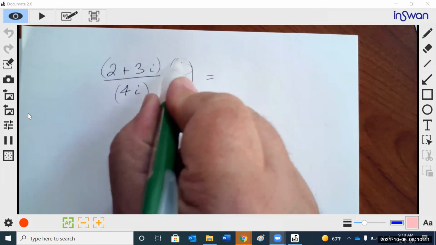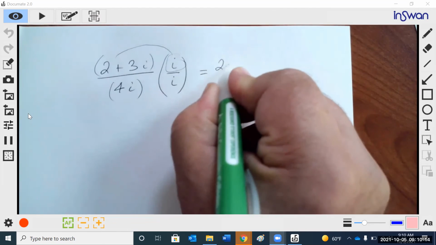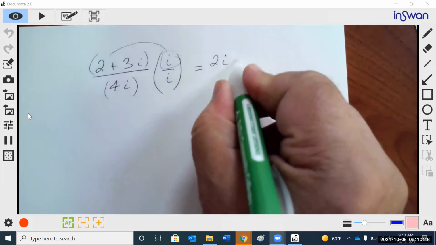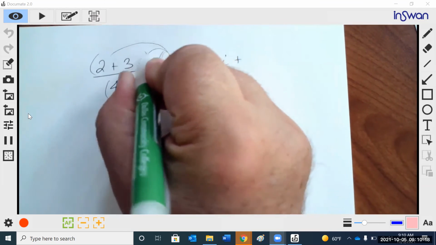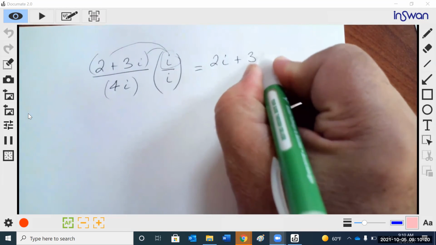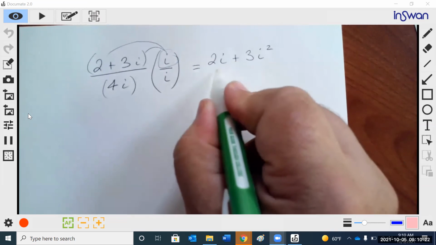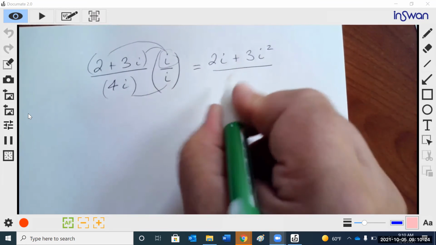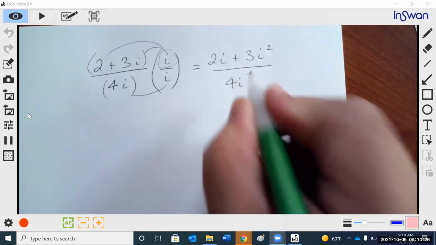So i times 2 is 2i, plus i times 3i is 3i squared, over 4i squared.